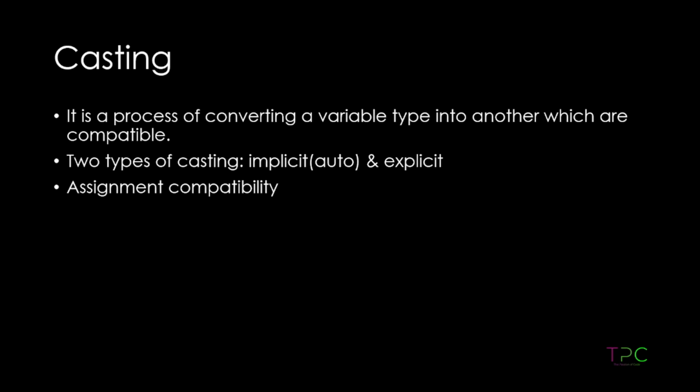Okay, what's more, we've got two types of casting. Implicit, which is automatically converted by a compiler, and explicit, which we have to provide a specific syntax for. And a few words about assignment compatibility.